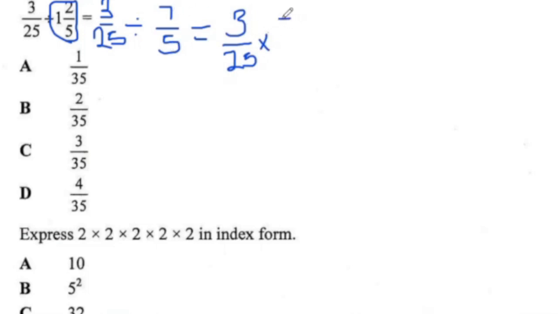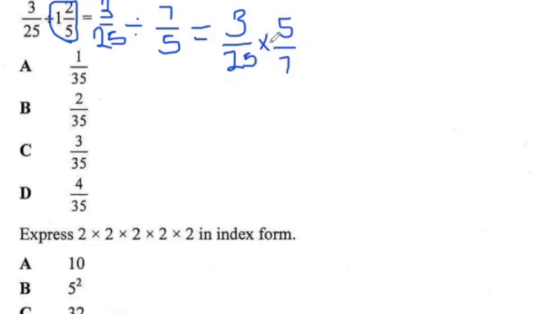Because we have changed the operation sign from division to multiplication, even this fraction is going to flip upside down. So we're going to have 5 over 7.